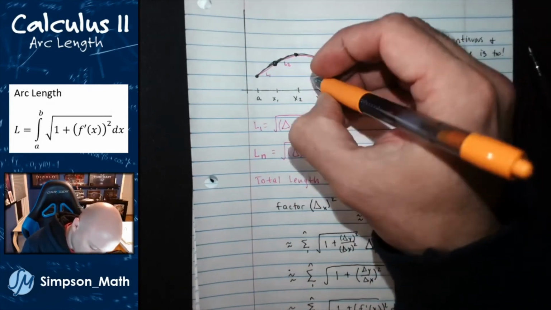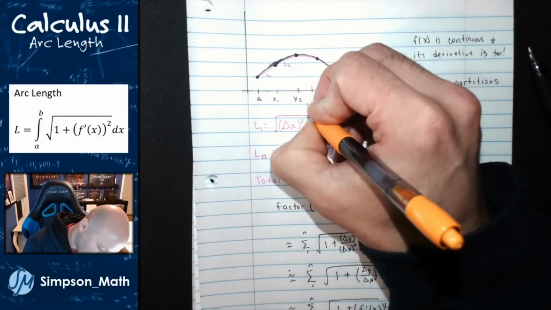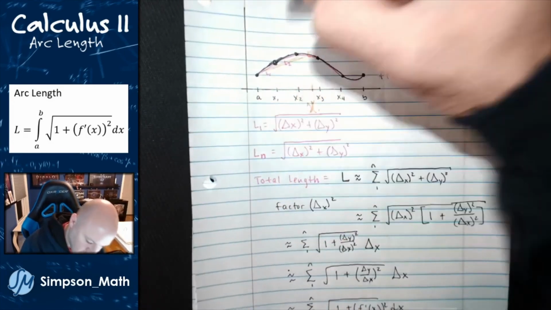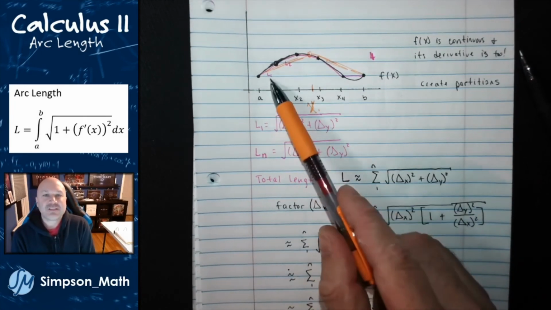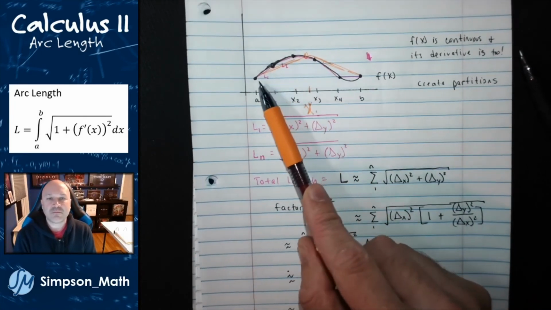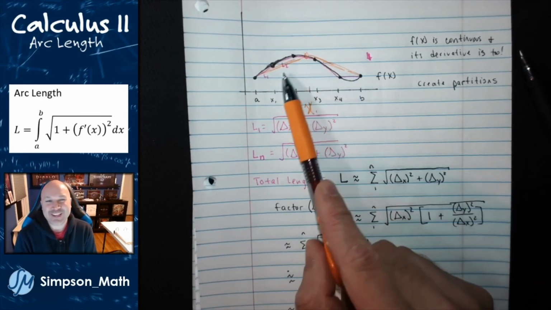If I just had 2 partitions, I'll call this capital X of 1. Okay, yeah, I could find the length of those 2 line segments. And actually, that would probably be a really good estimate.